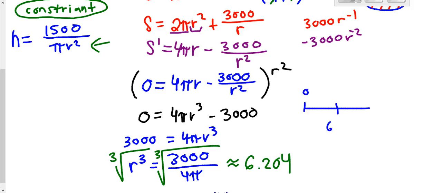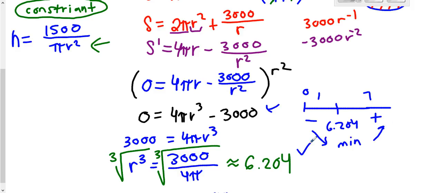We're checking 6.204, so let's choose something close to there. Let's choose 7, and let's choose 1. When you plug 1 into your derivative, we get a negative. And when we cube 7 times 4 times pi, we will indeed get a positive. So this is a minimum.